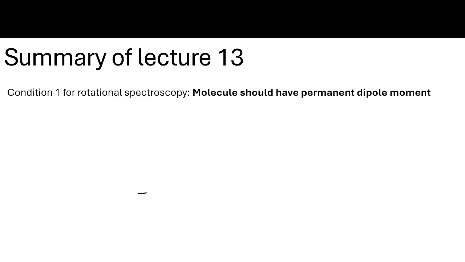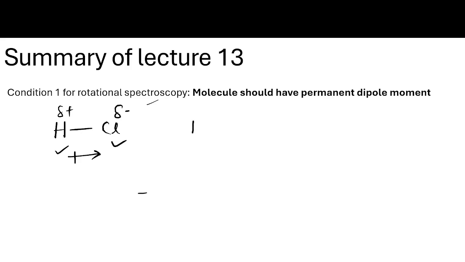For example, let's say we have HCl. The electronegativity of chlorine is higher than hydrogen, so it will have delta minus, and hydrogen will have delta plus. Because of this charge separation, we will have some dipole moment, denoted by this line. So if the molecule has a permanent dipole moment, then only we can do rotational spectroscopy.